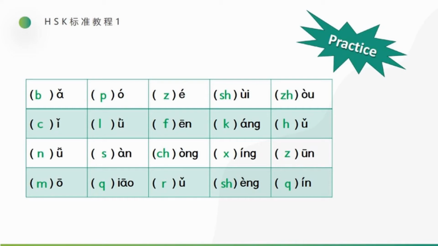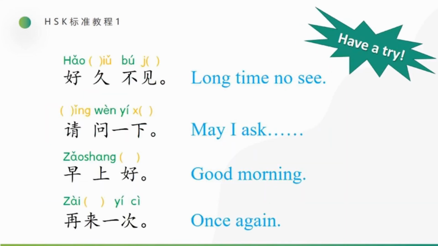Okay, how about it? Is it not too difficult, right? So then we do a challenging exercise. I will read a sentence. Please fill in the missing pinyin. Okay, let's look at the first one. I will read it. You can type the missing one. For example, first one. 好久不见。好久不见。very good.